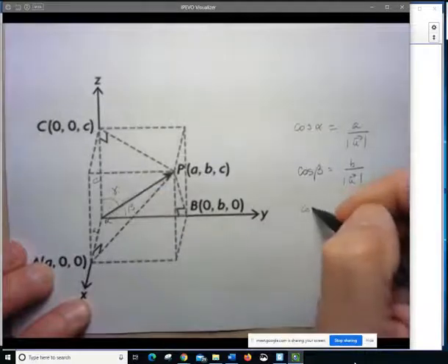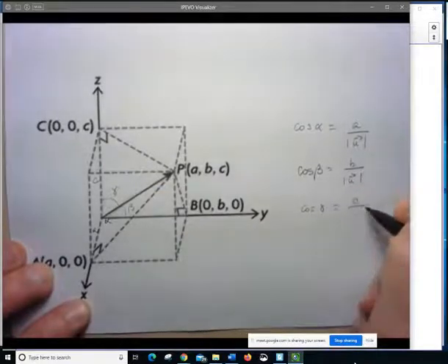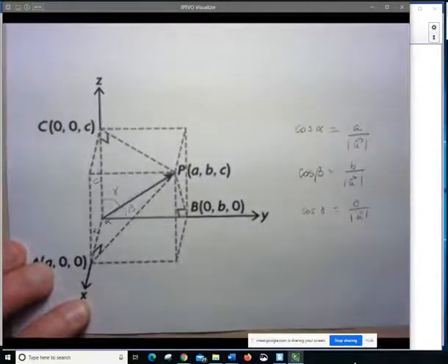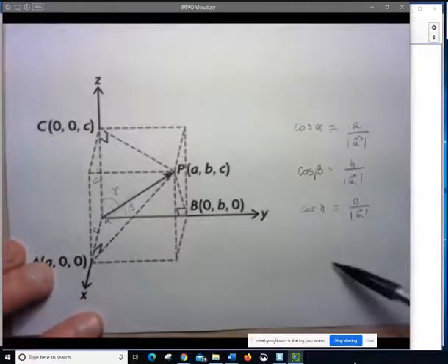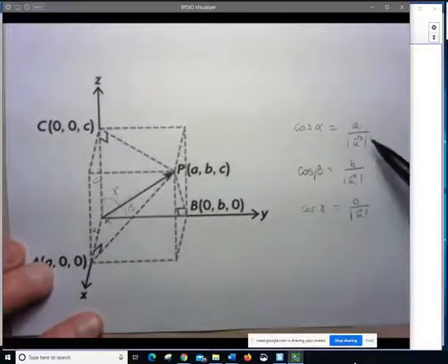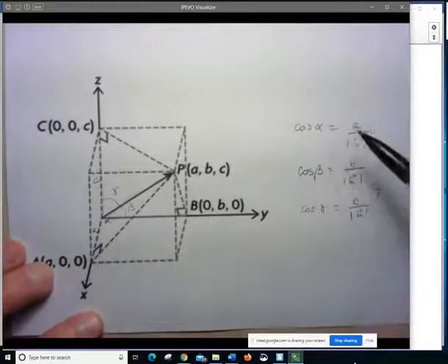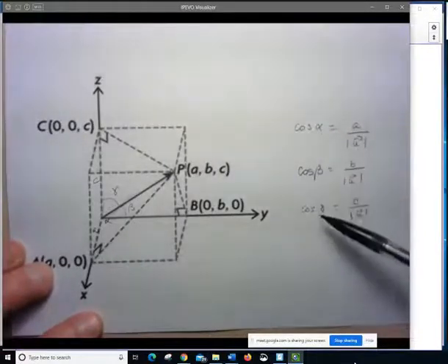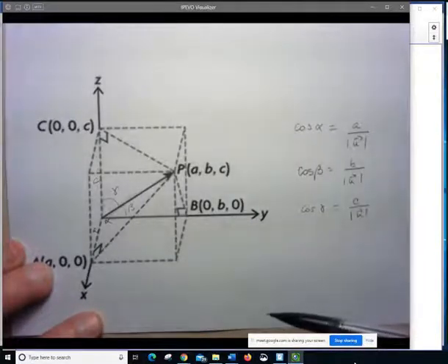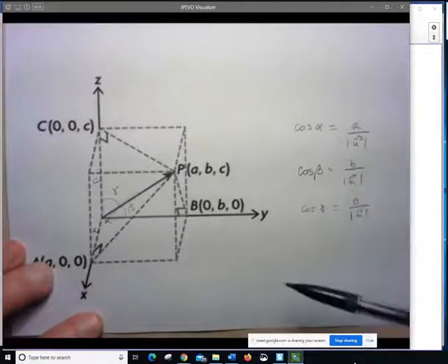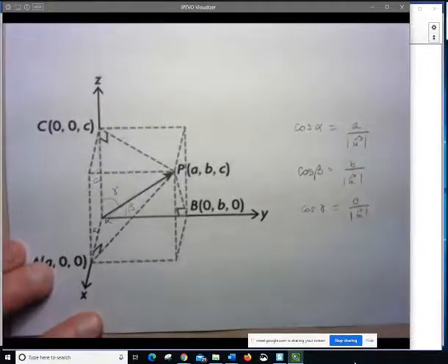So cosine of gamma is c over magnitude of u. Okay, so not difficult equations, okay, just using right angle trigonometry, but it does mean needing three angles, and it does mean having to calculate these three angles. Easy to do, okay?